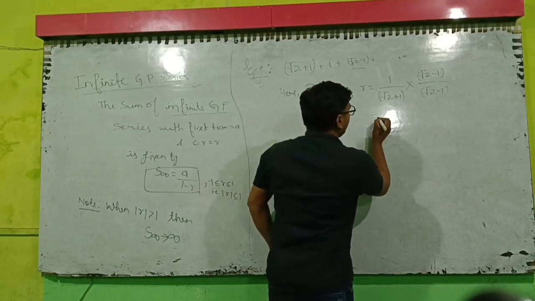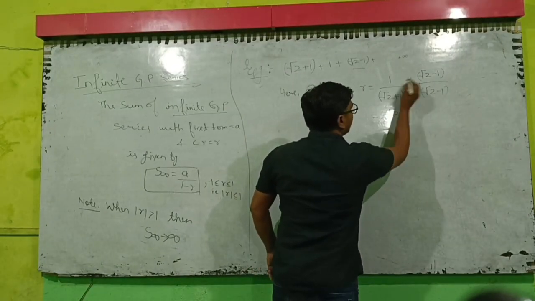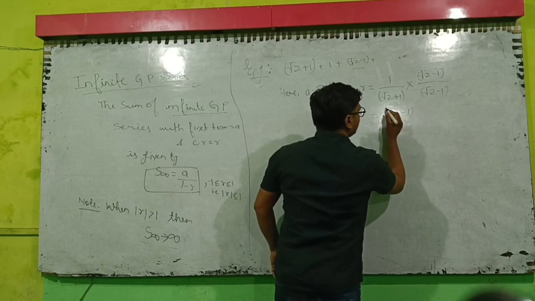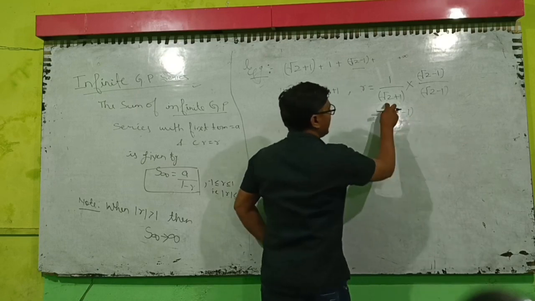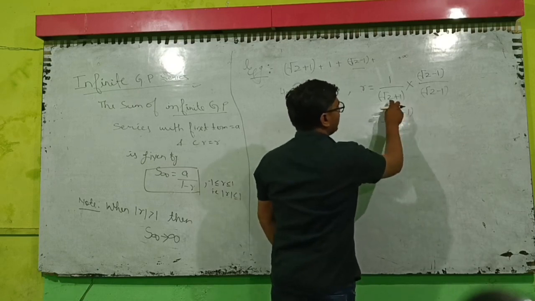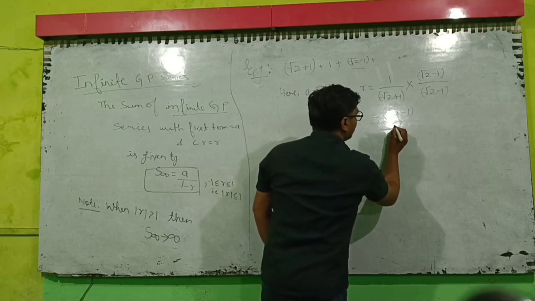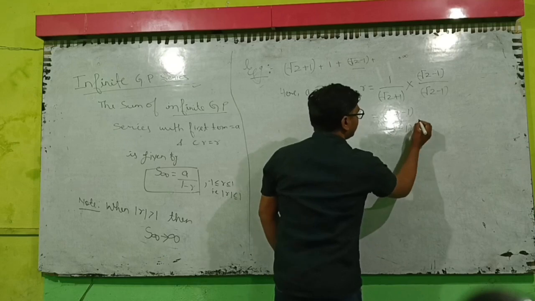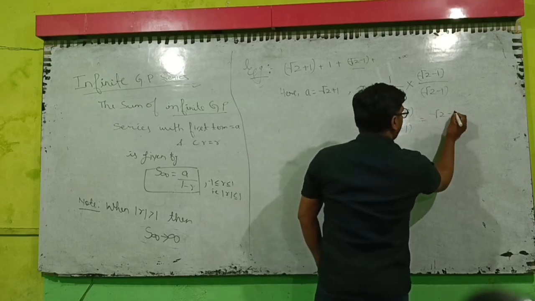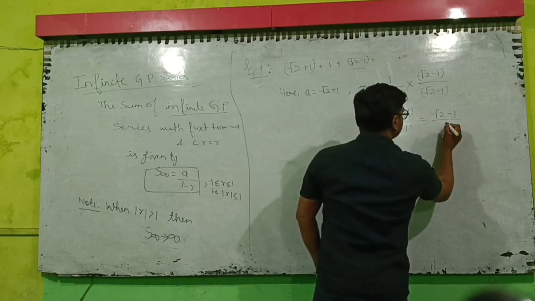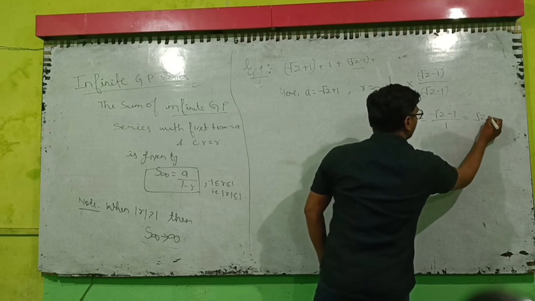So we multiply by root 2 minus 1. The numerator is root 2 minus 1, and in the denominator root 2 plus 1 times root 2 minus 1 is 2 minus 1, which is 1. So r is root 2 minus 1.